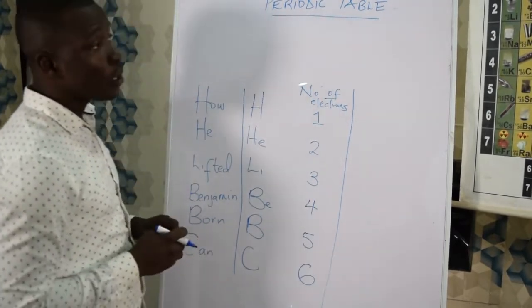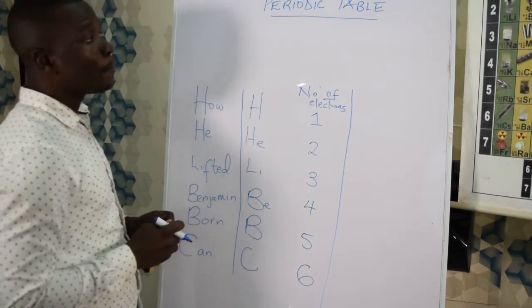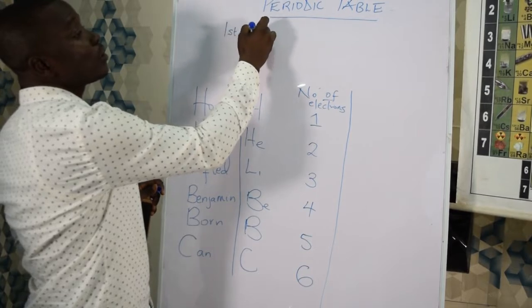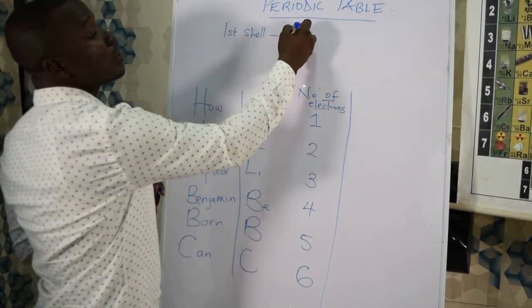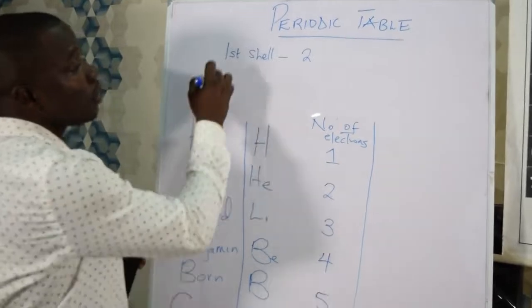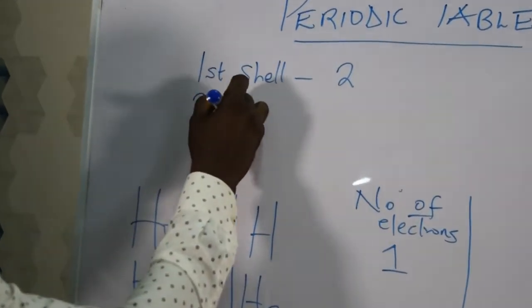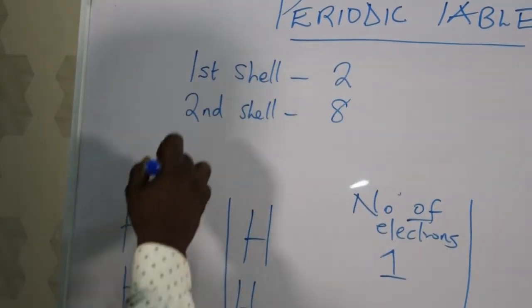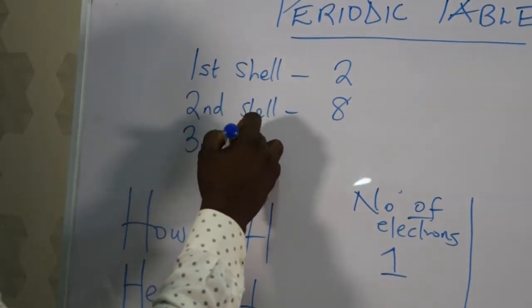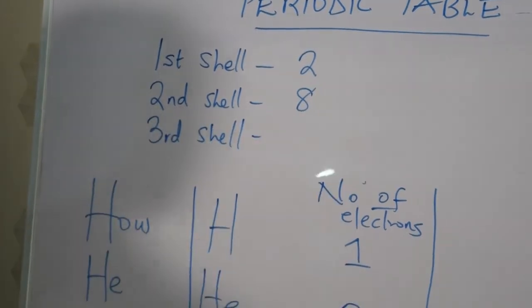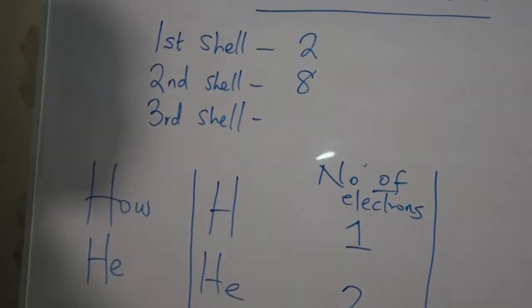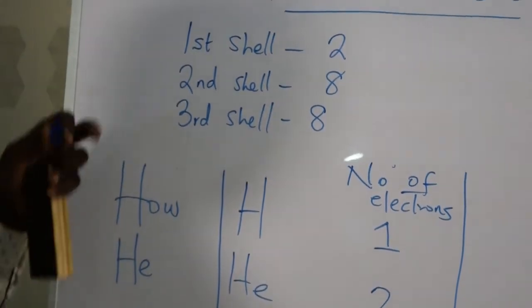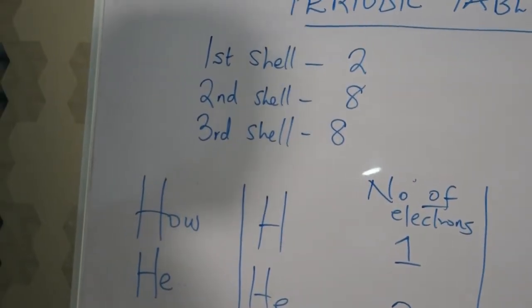Anytime you have an atom, the first shell takes 2 electrons, the second shell takes 8, the third shell takes 8. At this level, secondary science, the third shell takes 8. In fact, any other shell aside from the first shell takes 8.